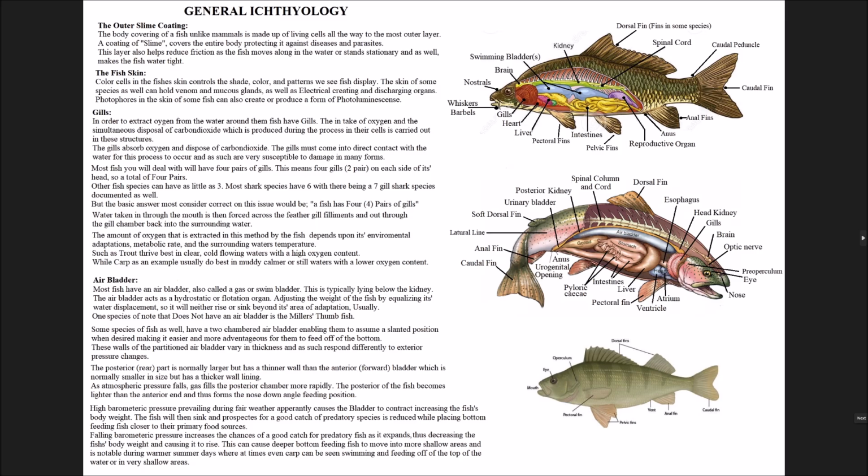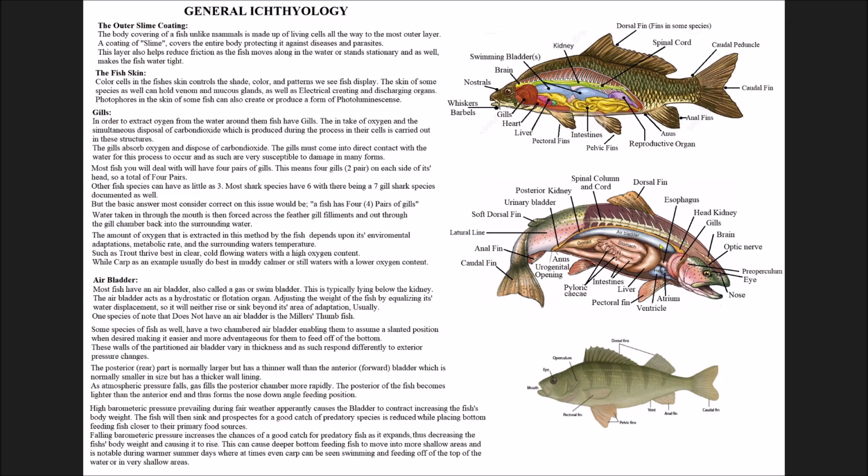Air bladder. Most fish have an air bladder, also called a gas or swim bladder. This is typically laying below the kidney, which is like here, up here. This is the kidney. A carp has 2 air bladders below the kidney.